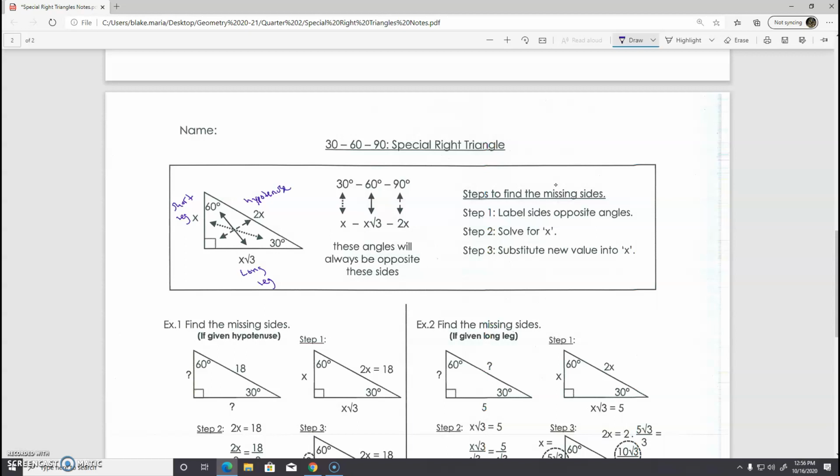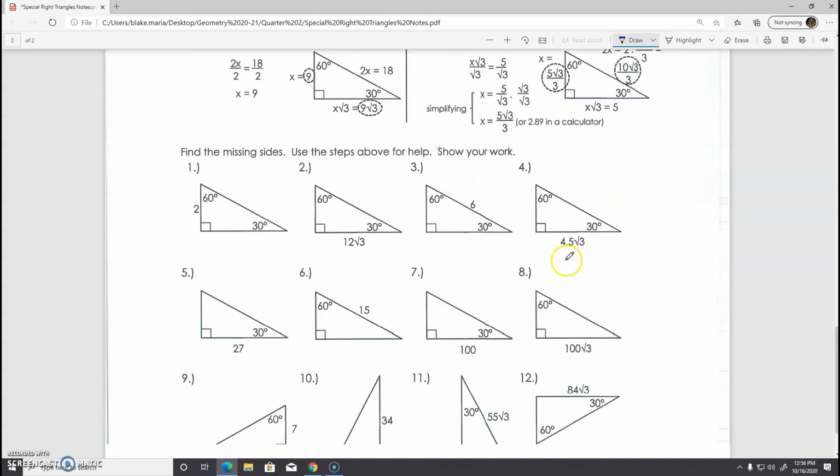So now our formula changed a little bit, but you're still doing the same concept. So let's mark our formula. Here's my 30, travel across, x. Here's my 60, travel across, x root 3. And then across from my right angle is my hypotenuse, 2x.